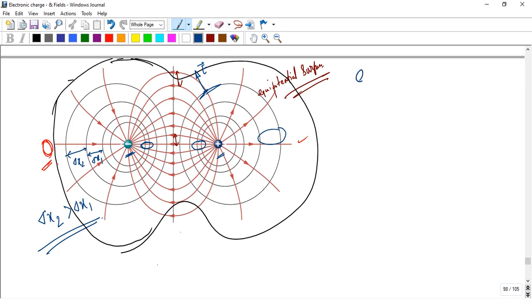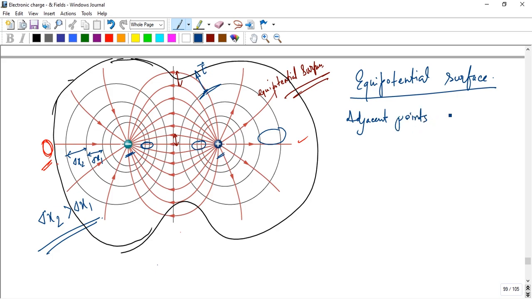Equipotential surface: adjacent points that have the same electric potential form an equipotential surface.